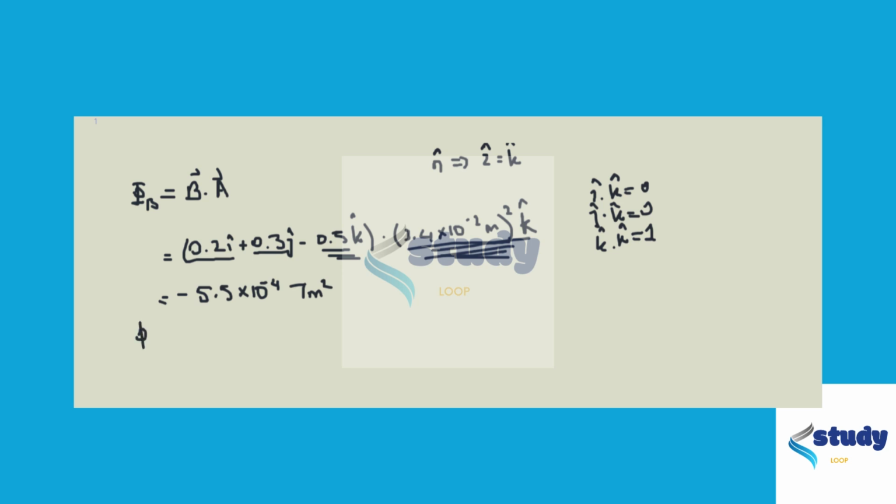If we were to calculate the magnitude of this flux, as you know, we're just going to take the absolute value of this negative value. Then it's going to be equal to 5.5 times 10 to the power of negative 4 Tesla meter squared.